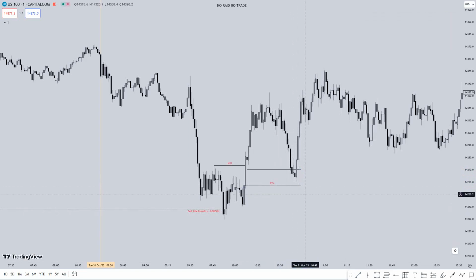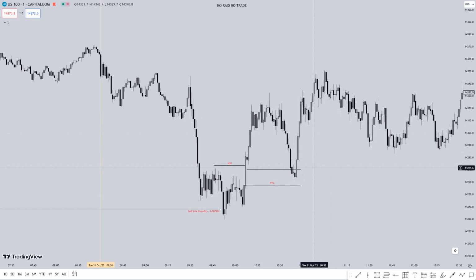Alright, so we can see once we trade to that, price respected that fair value gap and traded higher. What you can use for targets is your buy side liquidity, either being the draw we had on the 4-hour.